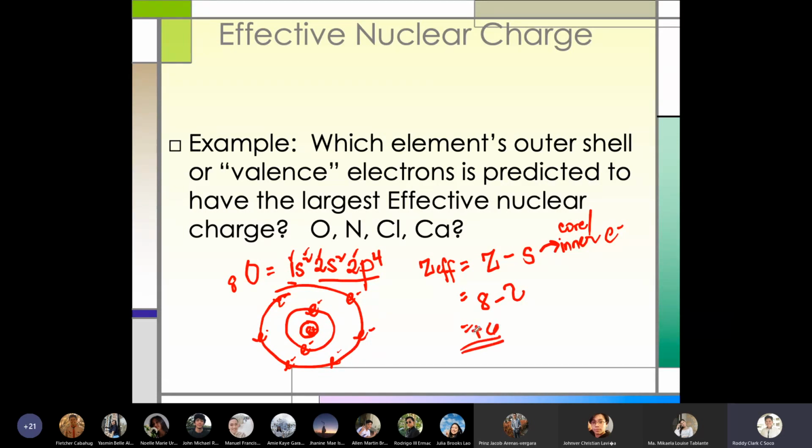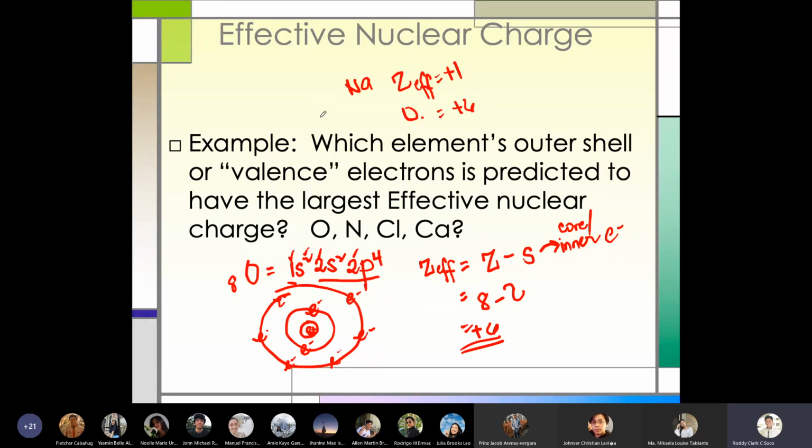Okay, so compared to sodium a while ago, remember that the effective nuclear charge of sodium is plus 1. And now we have oxygen as plus 6. So that means the outermost electrons of oxygen experience a greater pull than the outermost electron of sodium.